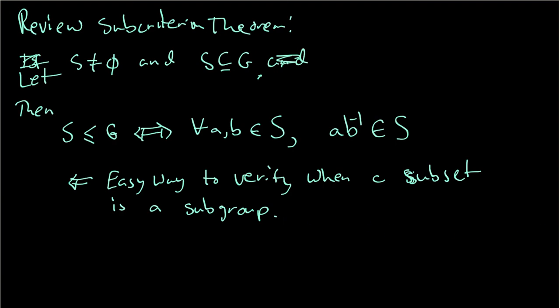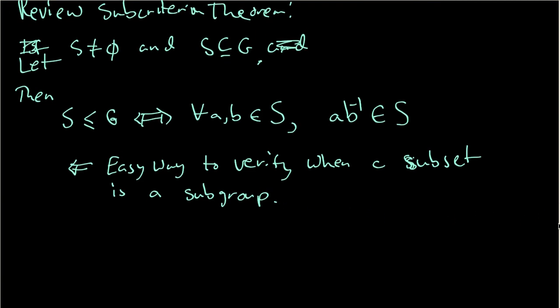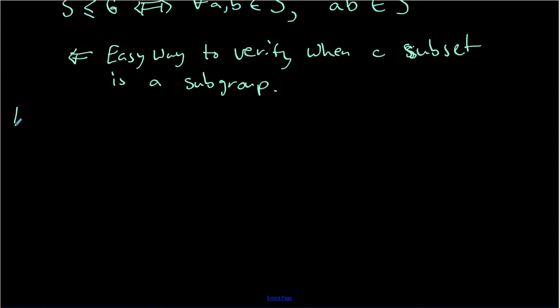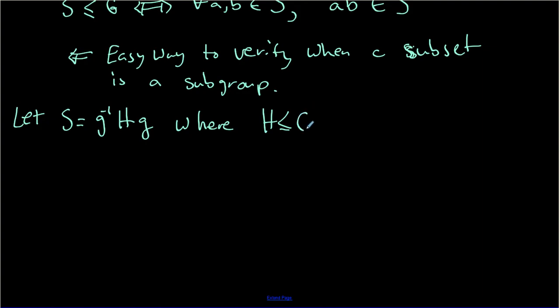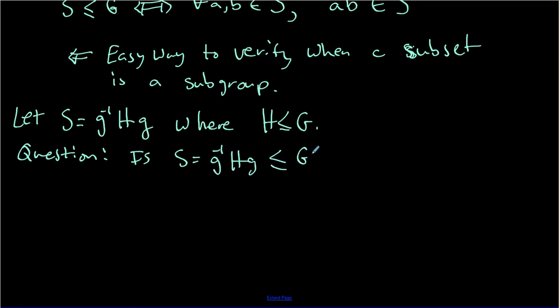So what we're now going to do is look at this subgroup criterion theorem and apply it to a conjugate subset. We're going to let S be the subset G inverse HG, where H is known to be a subgroup of G. And the question is, is S itself a subgroup of G?